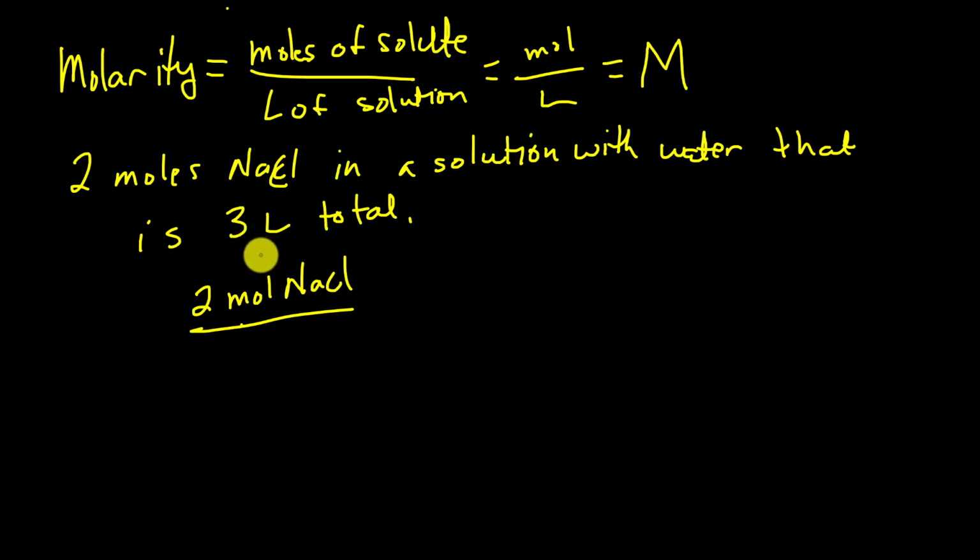Had this just said 3 liters of water, and then we add 2 moles of NaCl to that, as you can imagine, it's going to raise the volume of your solution. Okay, so in this one, though, it clarifies that the total solution is 3 liters. So we've got the correct measurement for our denominator here because we want liters of solution.